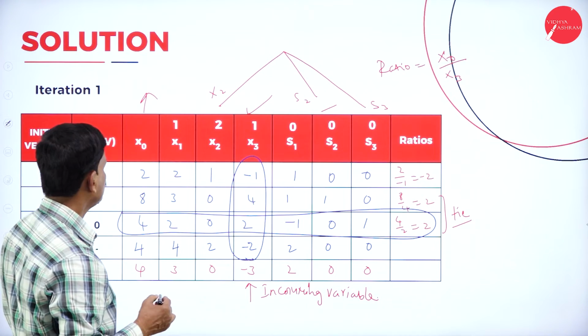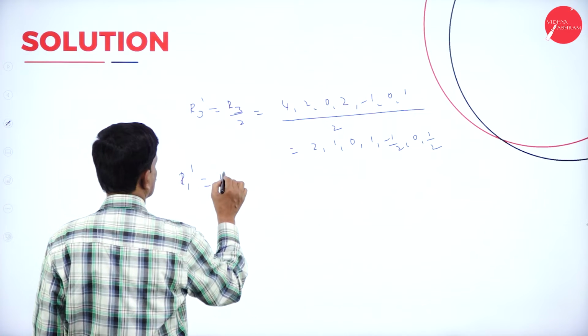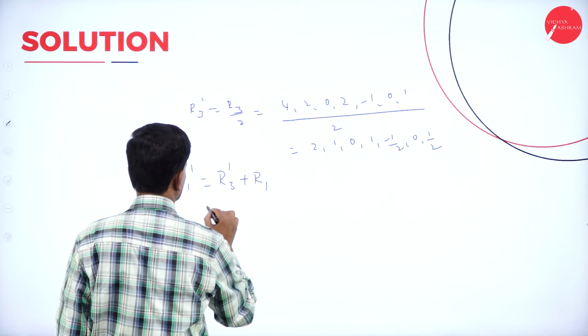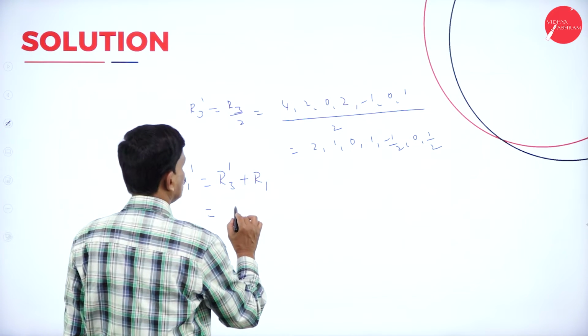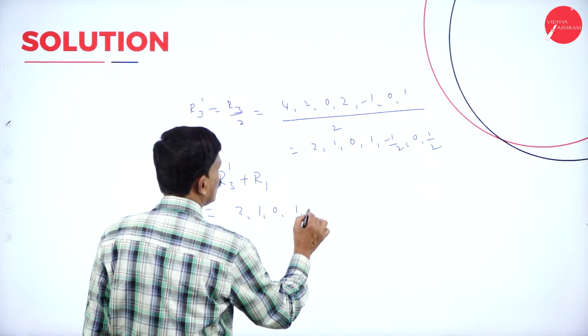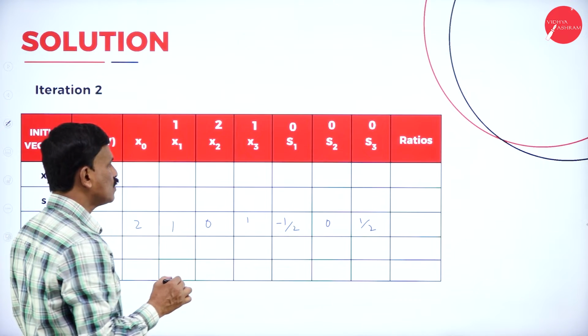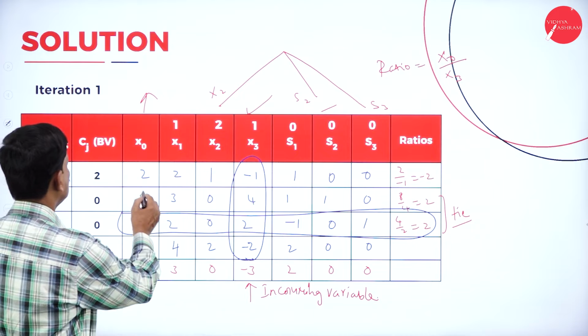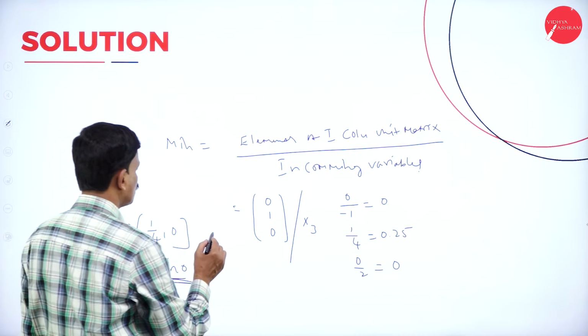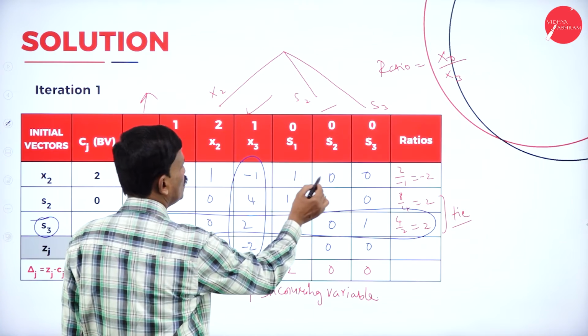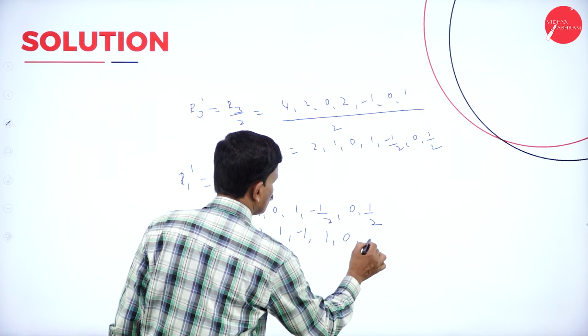For that we can use R1 dash is equal to R3 dash plus R1. What are the elements of R3 dash? We have 2 1 0 1, minus 1 by 2, 0 and 1 by 2. The elements of R1 dash: R1 is 2 2 1 minus 1, 1 0 0.